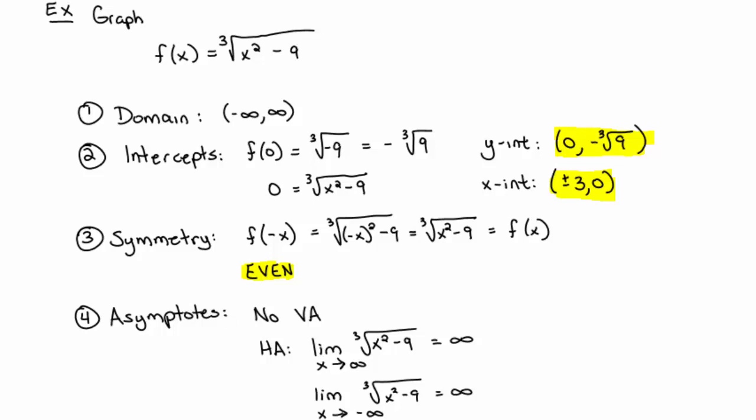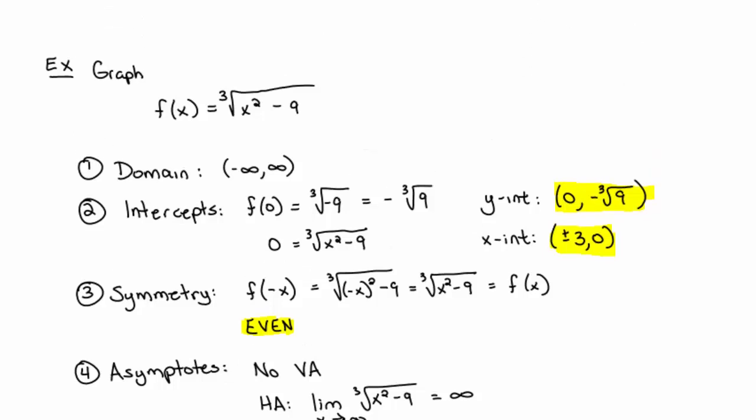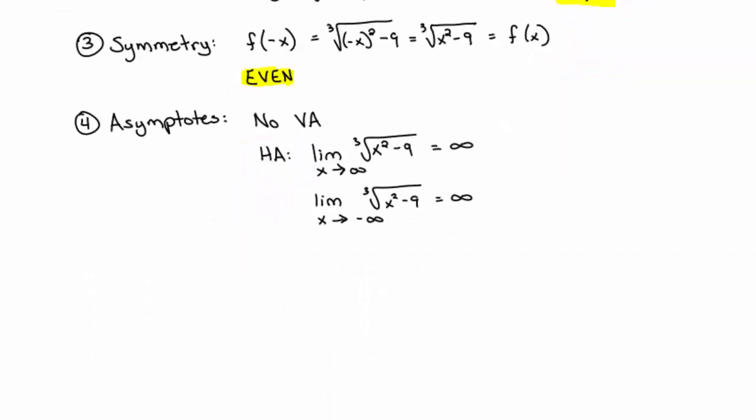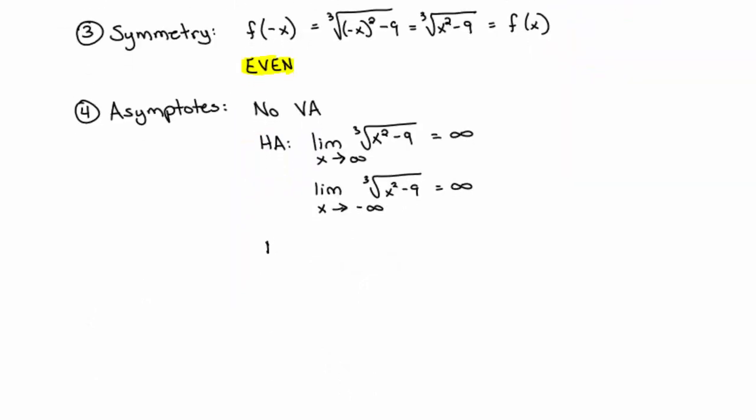Usually when you're looking for oblique asymptotes, you're looking for a 1 over something with x's here, or you might be looking for 2 to the negative x, right? Something that tends to 0 as x goes to infinity. So you're looking for expressions of that form, and those don't exist in this function. So I'm just going to quickly say there's no oblique asymptotes either. So there's no asymptotes at all within this function.